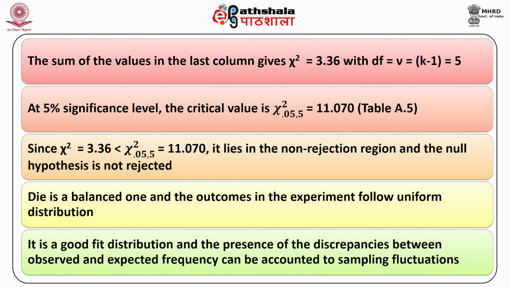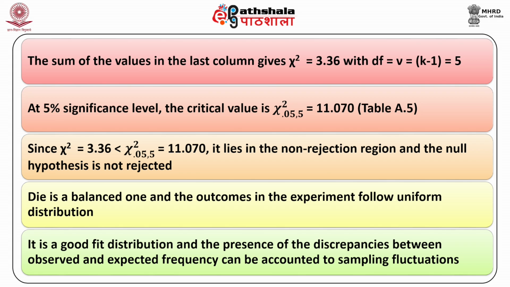So if you compare the computed chi-square, which is equal to 3.36, we find it is less than the tabulated value or the critical value of chi-square, which is 11.070. And therefore, it lies in the non-rejection region, and the null hypothesis is not rejected.